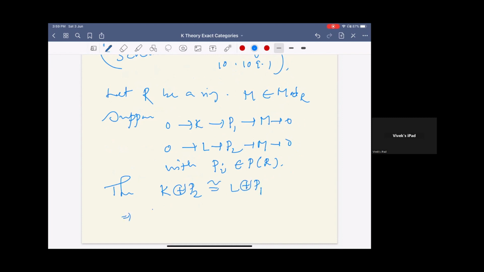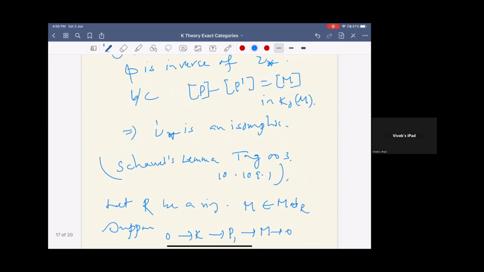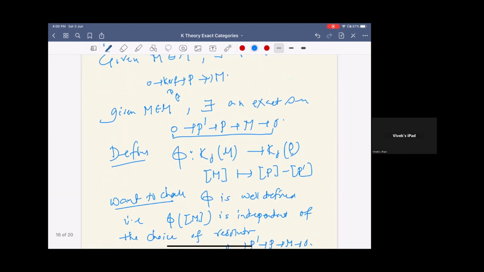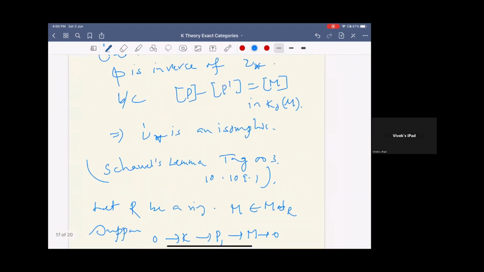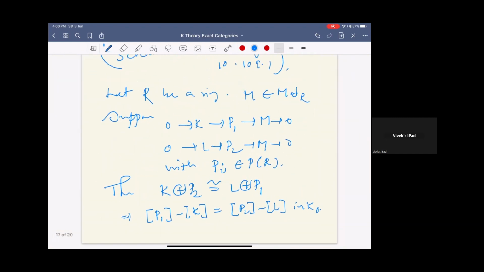Which means in the K0 class, P1 minus K is the same as P2 minus L. That's what you want to check, right? Check the well-definedness. Because M is given by, suppose, P minus P prime and Q minus Q prime. These two classes must be the same. So that is what you want to check here. This is a consequence of this lemma, and that's basically just a diagram chase.